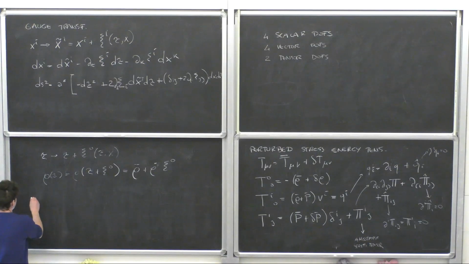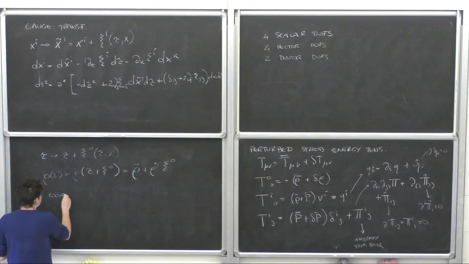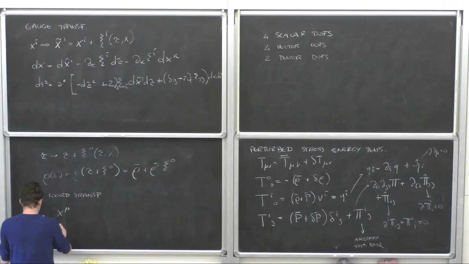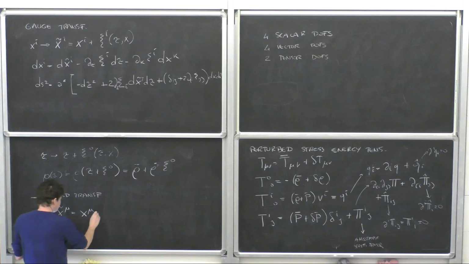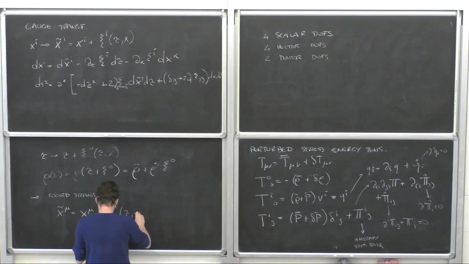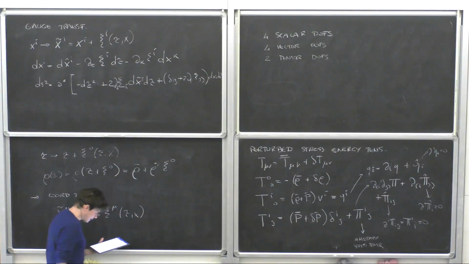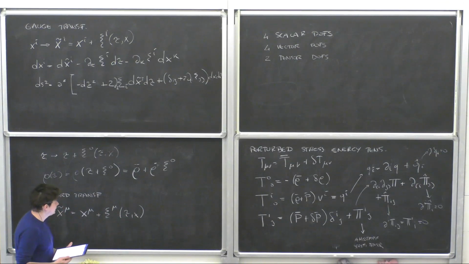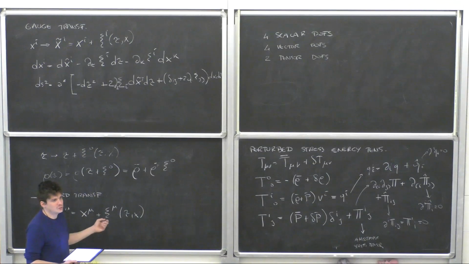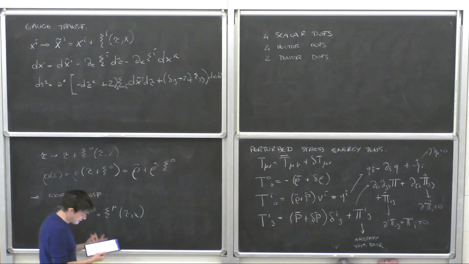So let's define our general coordinate transformation as x tilde mu equals x mu plus psi mu of tau and x, okay? And then a little bit of notation. This is a 4 vector. So as you know, we are going to split it into 2 scalars and 1 3D vector component.